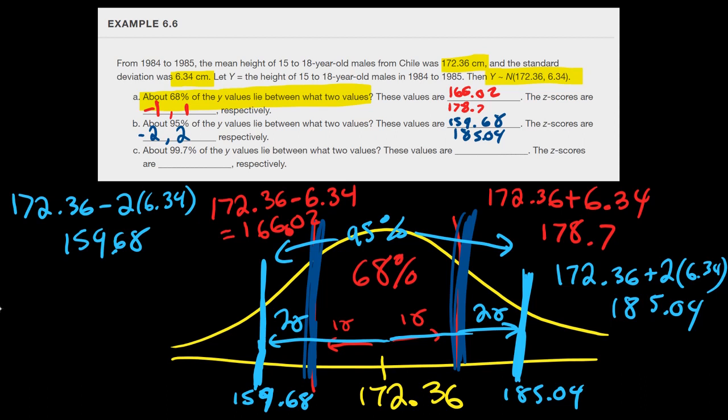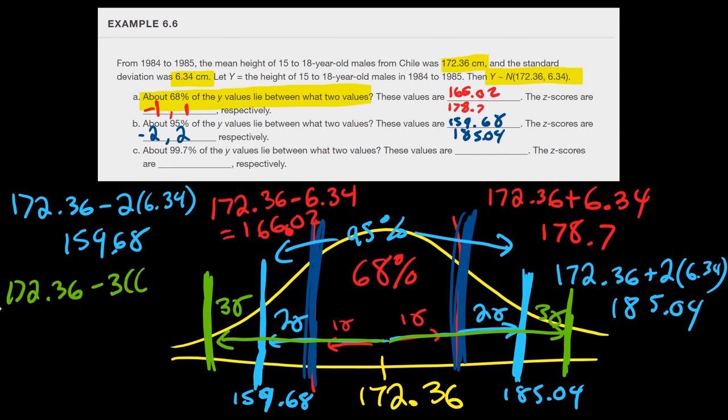Lastly, what about 99.7% of the y values? What do they lie between? If I go even further, 3 standard deviations away from the mean, both above and below, let's start with the lower part. Taking 172.36 and subtracting off 3 standard deviations, I get 153.34.